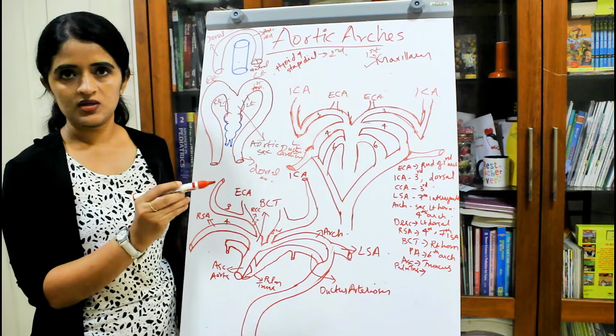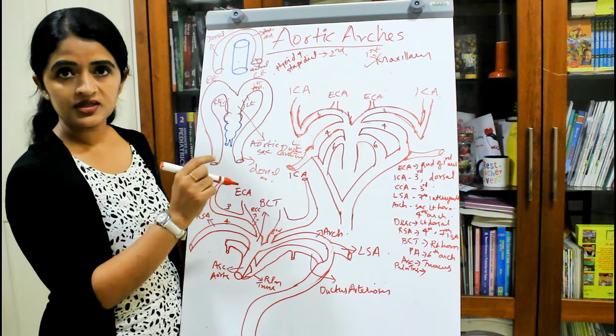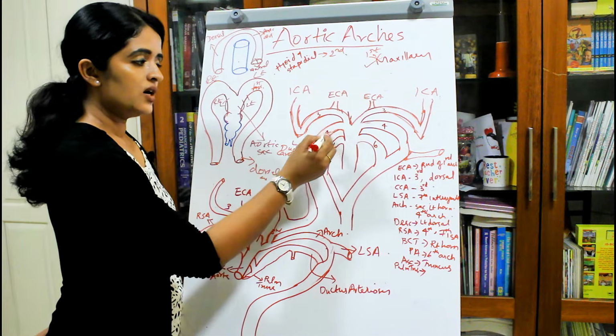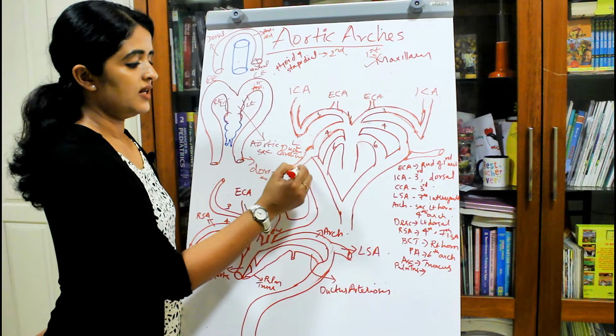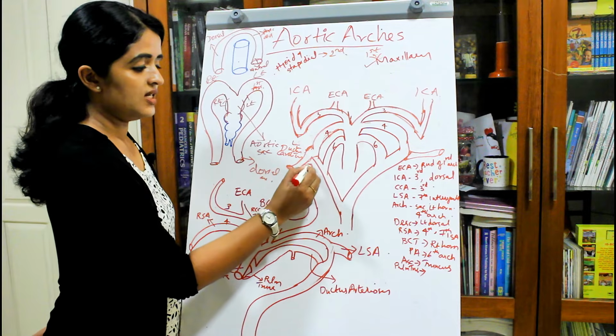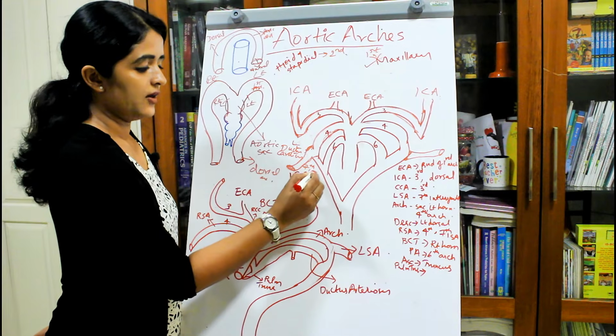So on the right side, the fourth arch along with the seventh intersegmental artery. So this is the seventh intersegmental artery.